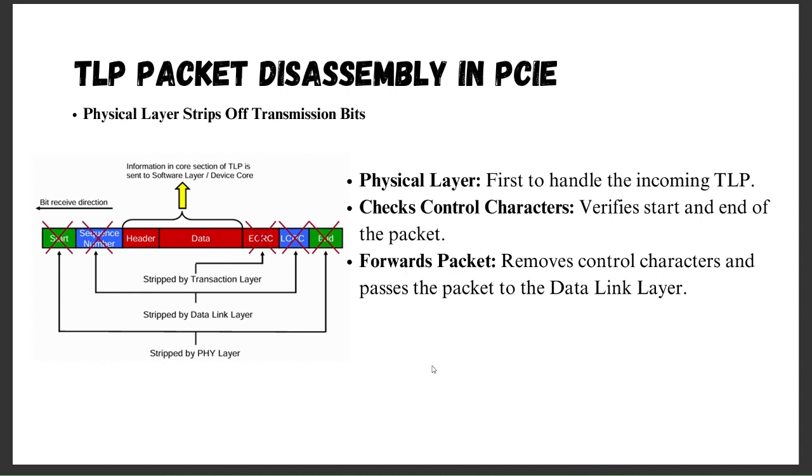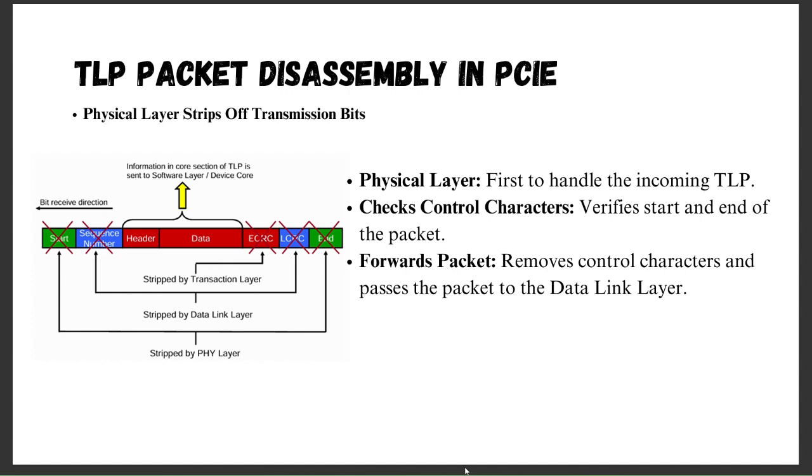So let us learn how the physical layer strips off the transmission bits. When the receiving device sees the incoming TLP packet, the physical layer is the first to handle it. The physical layer checks for special characters like the start and end characters that were added during the transmission.